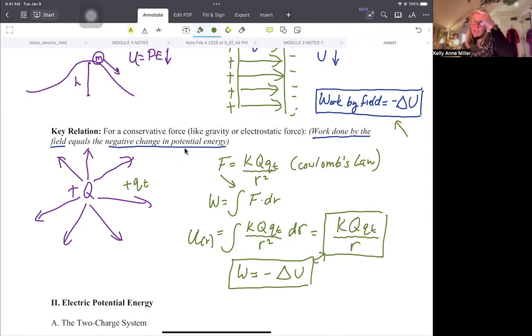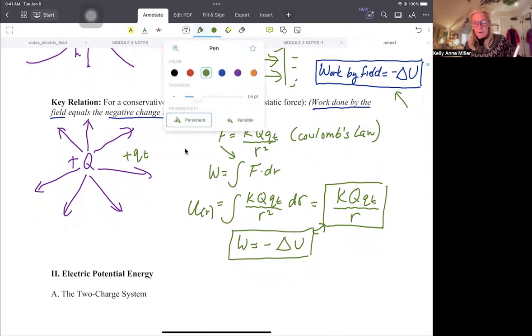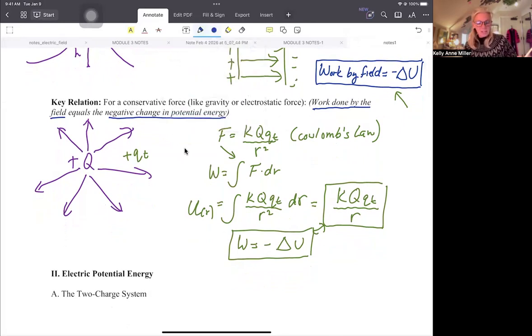Okay, now we're going to do a tutorial this week that looks at this relationship more in depth, but let me just walk you through a preview of that. So let's say that I have this charge. Let me draw it down here just because I need more space.